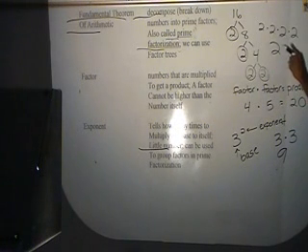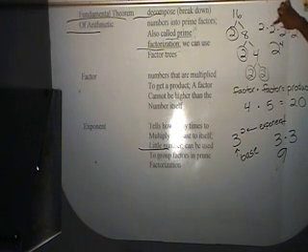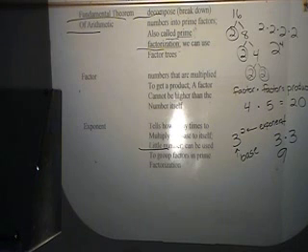How many times did we write that 2? 4 times. So we make the 4 our exponent, because it tells us we multiplied that 2 together 4 times.